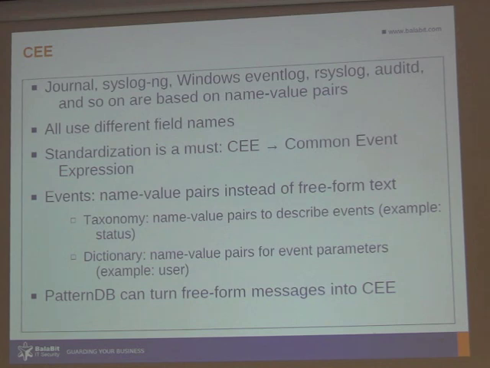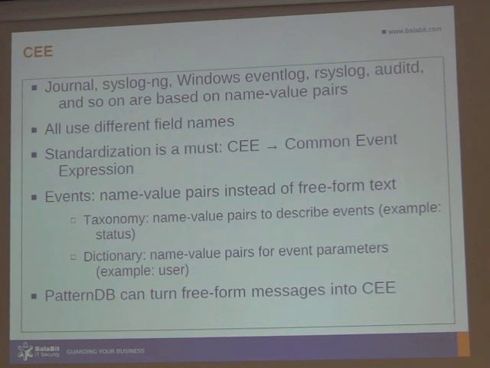participate in it. It considers events as name-value pairs instead of free-form text from the beginning, and it has a taxonomy which describes events in a standardized way, like the status of the message or the action of the message.